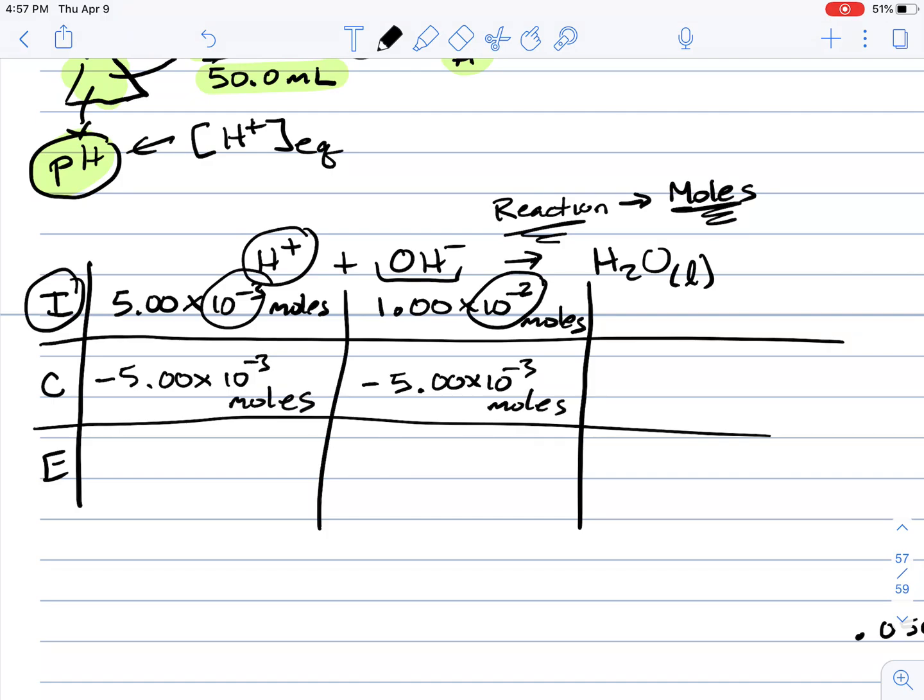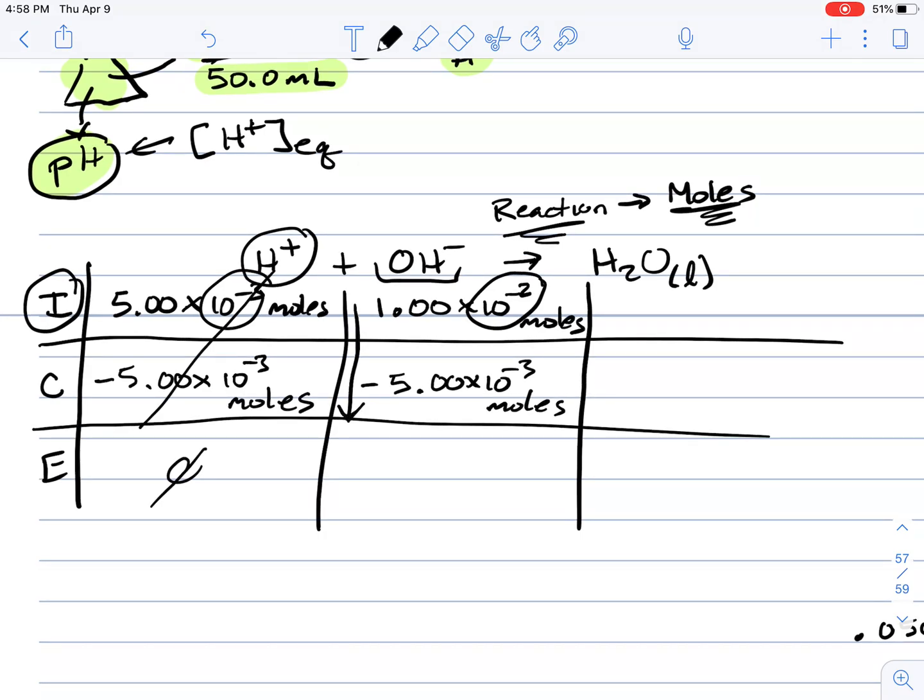Okay. So at equilibrium, we'll have no more acid. However, we still have 5.00 times 10 to the negative 3 moles of the base. So if you add downward, you get 5.00 times 10 to the negative 3 moles of the base.